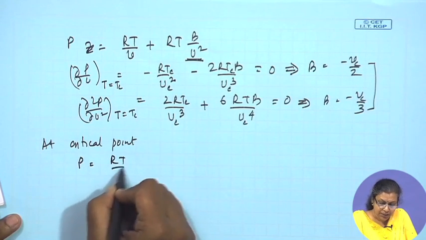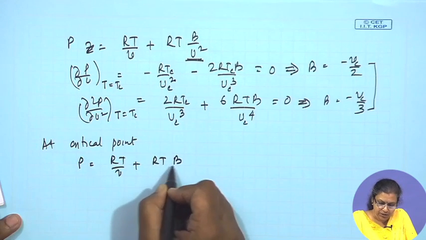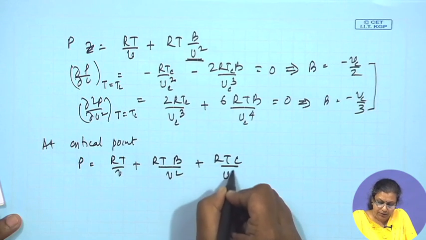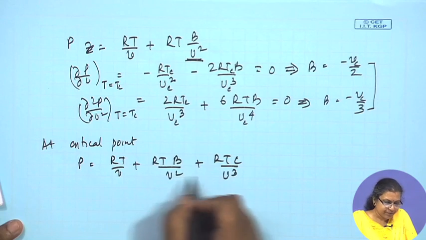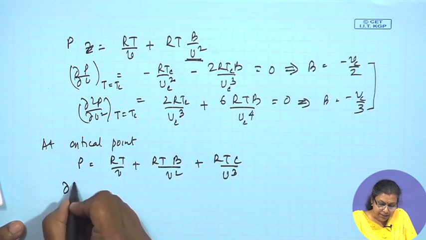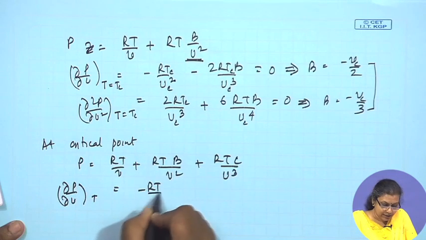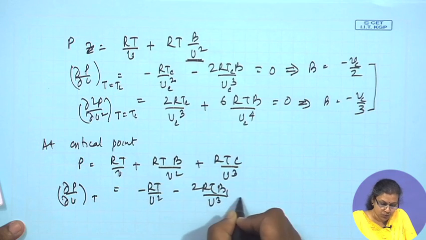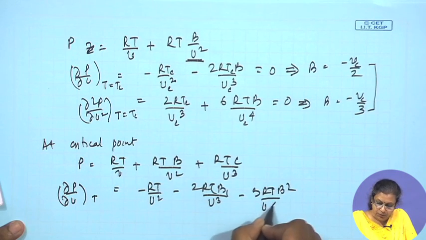For this particular case, if we consider more than one critical constant, then we are dealing with this equation. So, in this case, if we perform del V del T, we get minus RT by V square minus 2RTB1 by V cube minus 3RTB square by V to the power 4.